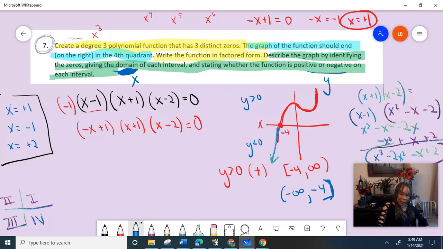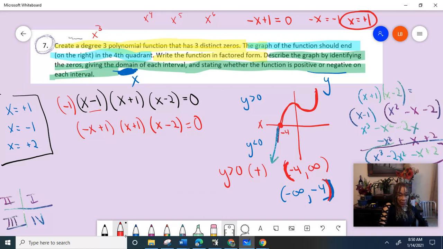This has to be a soft bracket, because -4 is at y equals 0, and that is neither positive nor negative. 0 is non-negative. So these have to be open brackets. I won't hurt you on that if you didn't watch this video, but if you want to be good, you should know that -4 does not get included in negative, and x equals -4 does not get included in positive. It's neither. So soft brackets.